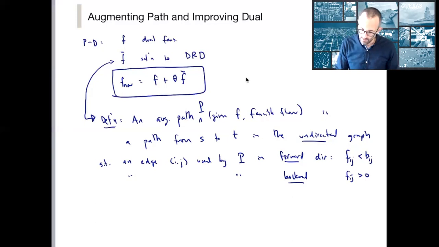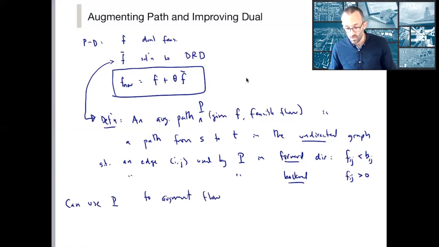And so a corollary of that is that once we found an augmenting path, we can use P to augment the flow by how much? Well, I start growing theta, and I have to stop as soon as a new edge becomes saturated, or one of the edges that I was using in the backwards direction becomes drained.